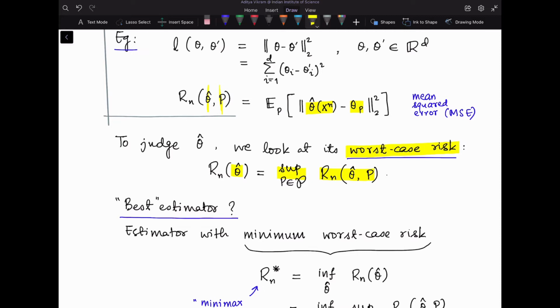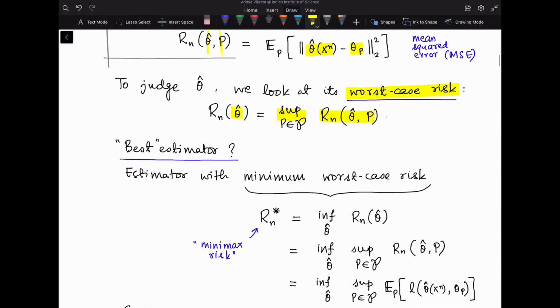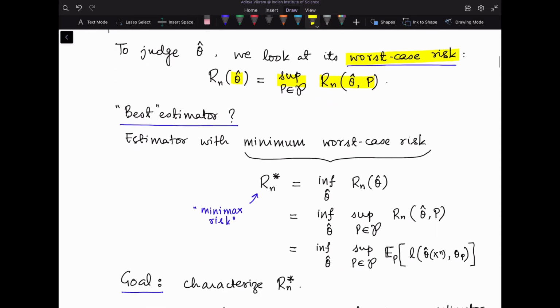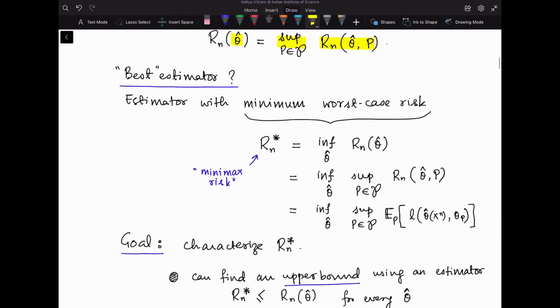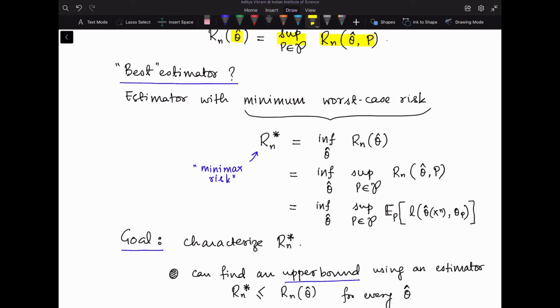Now that we have a number for each estimator, the important question is what is the best we can do for a given statistical estimation problem. This is captured by this quantity R_n star, which is the minimum worst case risk over all estimators. R_n of theta hat is the worst case risk of the estimator theta hat, and you want to find the minimum over all estimators theta hat.